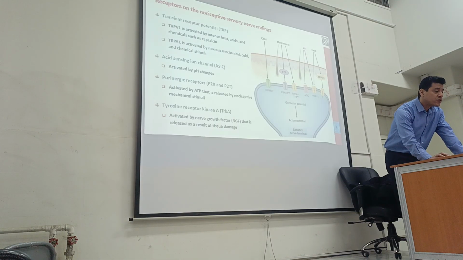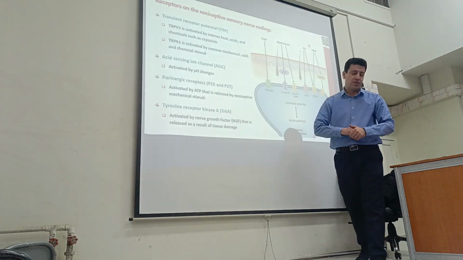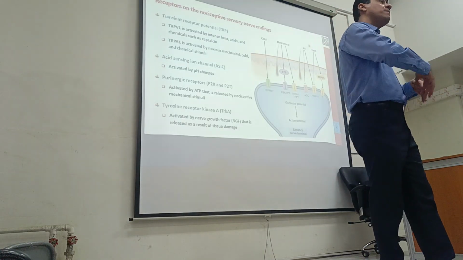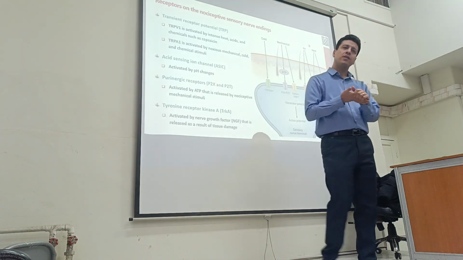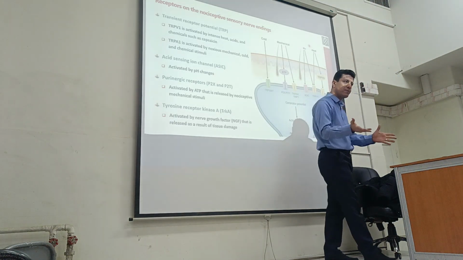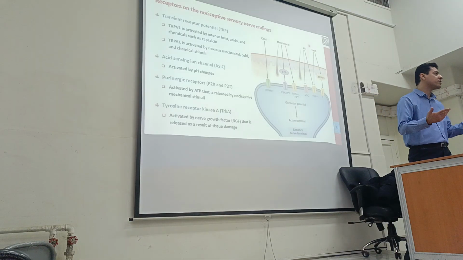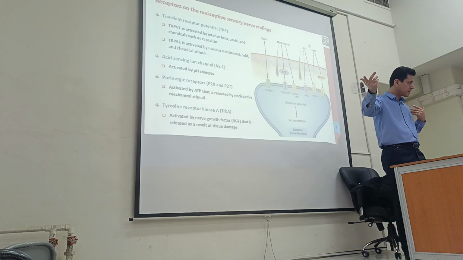We have other categories that are sensitive to acids and also to heat, right? So this type of damage causes opening of these channels. Maybe several types of ions enter the cell. They cause a change of potential, which is called receptor potential. Receptor potential is converted to action potential. Then action potential goes to the spinal cord, right?